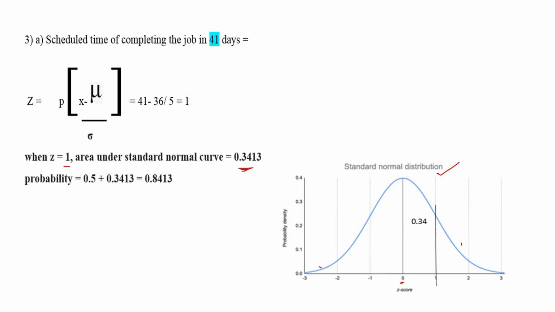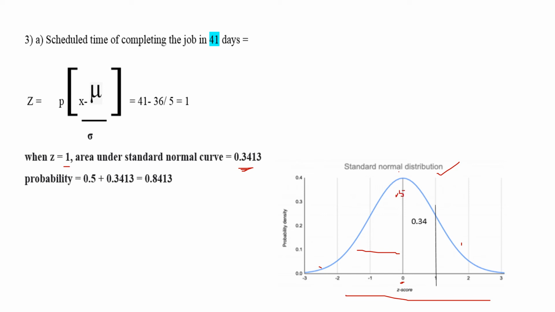Okay, so this one anyway we have to take, that is from this up to this. So this is total 1, standard normal distribution curve, the total value is 1, so the middle portion is 0.5. We know this is 0.5, right? So here it is 0.5, the middle portion.